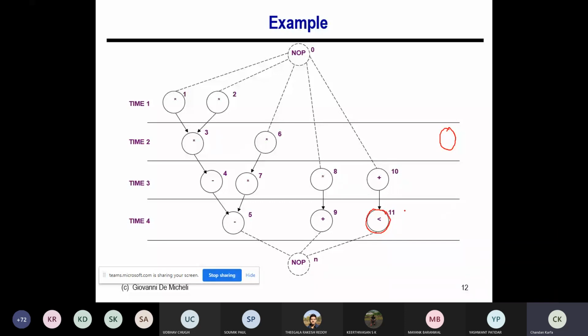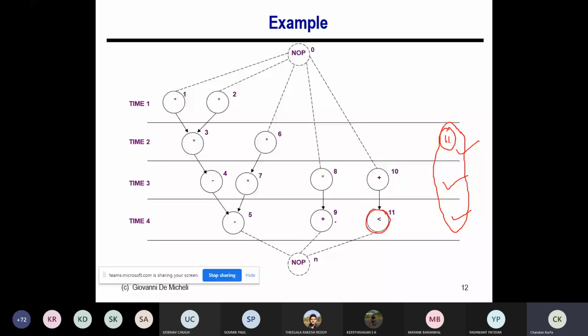So what does it signify? This is the earliest possible schedule time of 11, and this is the last possible schedule time of 11. So what does it mean? This is the mobility of this 11. I can effectively schedule 11 anywhere in these 3 cycles, either 2, 3 or 4, without violating the latency constraint.